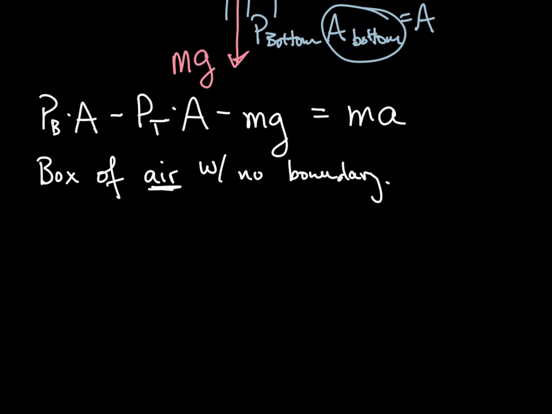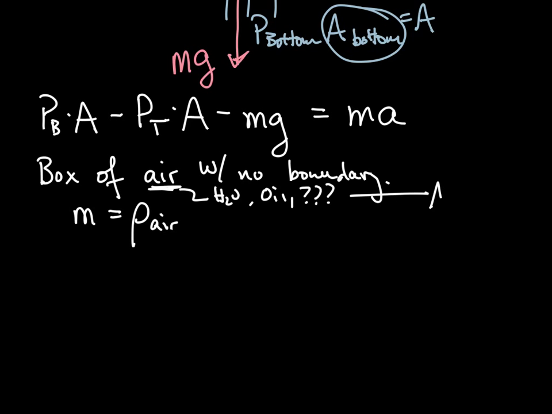And so if it's a box of air with no boundary, it's still got mass. And that mass is going to be equal to the density of air, or whatever fluid it is. It could be a box of air, it could be a box of water, it could be a box of oil, it could be a box of something else.